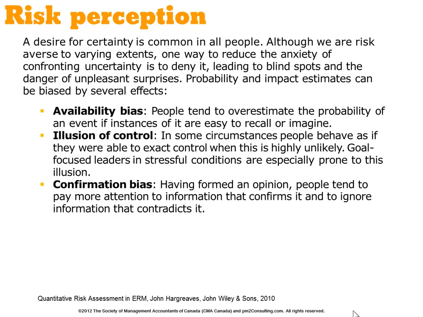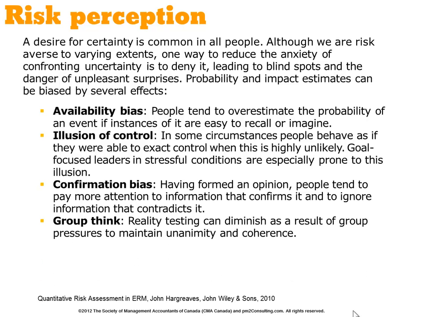We also find that groupthink goes on, or confirmation bias, where we tend to come into a thought process, and once we commit to it, it's hard for us to change our mind based on other data. In other words, we keep searching for data that confirms our initial suspicion.